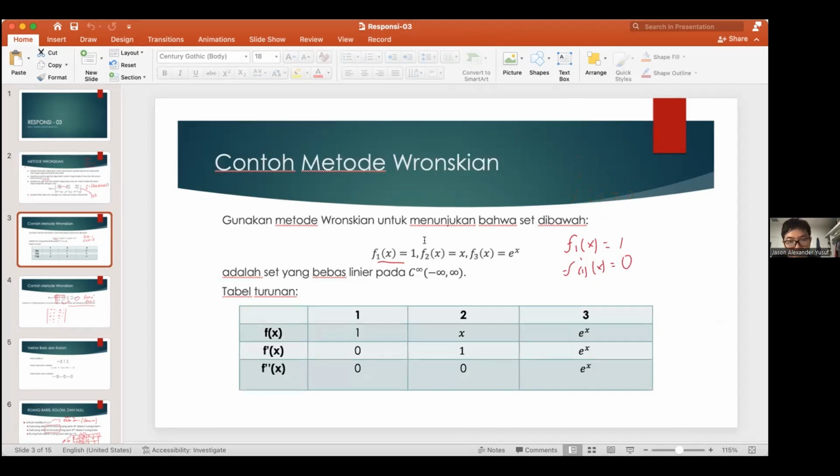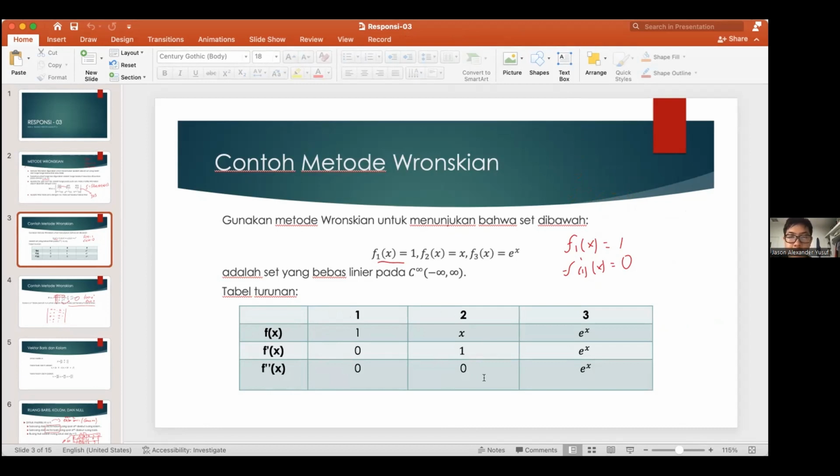So as seen here, let's say f1x is equals to 1, f2x equals to x, and f3x equals to ex. This is the Wronskian matrix. This is 1, the derivative of 1, a constant, is 0 and 0. The first and second derivatives are 0.